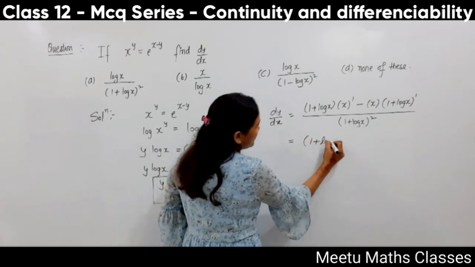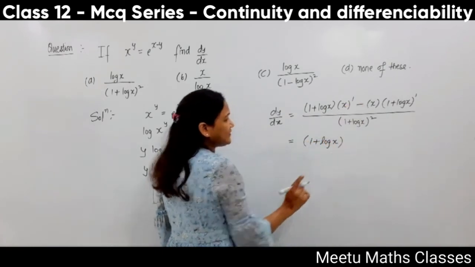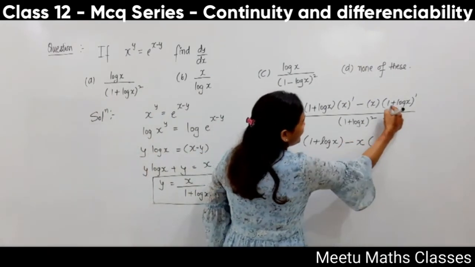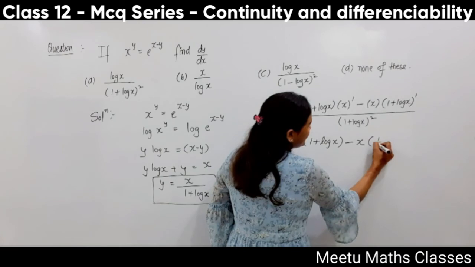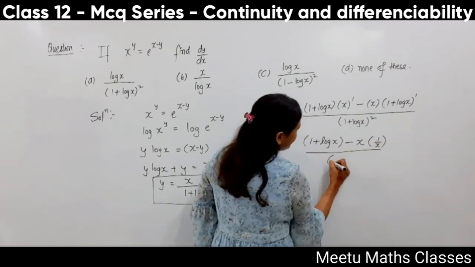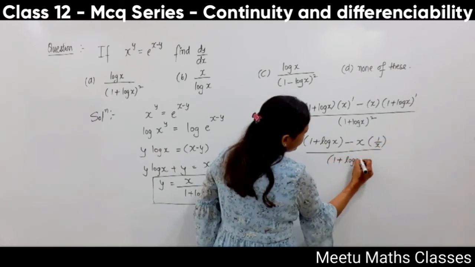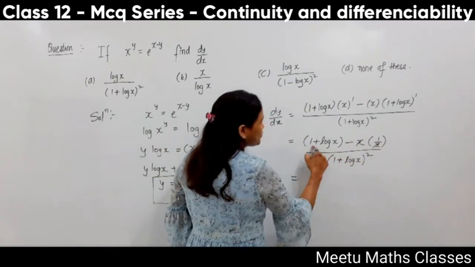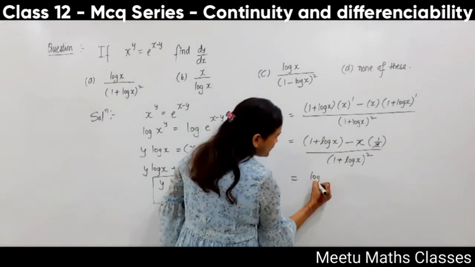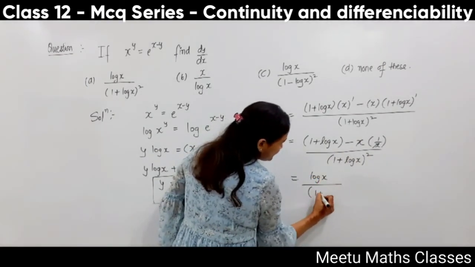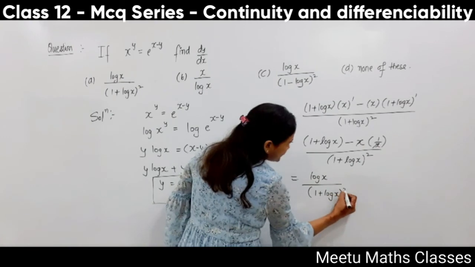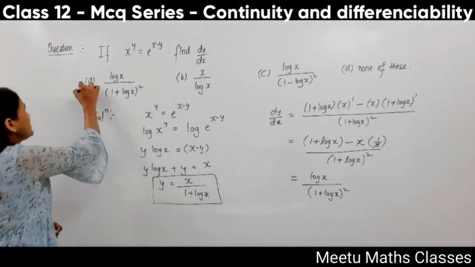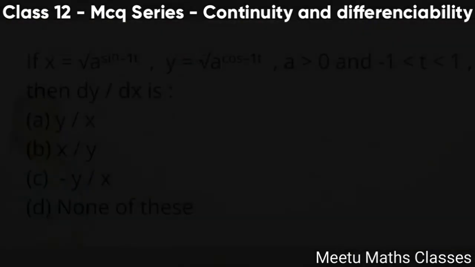So 1 plus log x, derivative of x is 1, minus x, derivative of 1 is 0, derivative of log x is 1 by x. Now this will also give you 1. So 1 minus 1 will cancel out and your answer of the derivative dy by dx is log x upon 1 plus log x whole square. So your option A is correct.